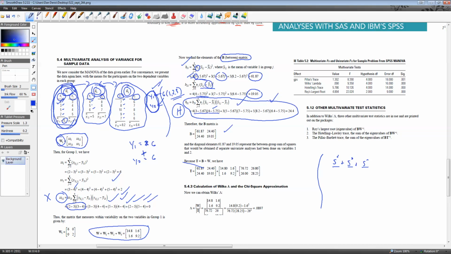Notice that when we took that computation, we're only under y1. We're going across the groups, but that's not the multivariate part. This is just y1. We're only doing this for y1.